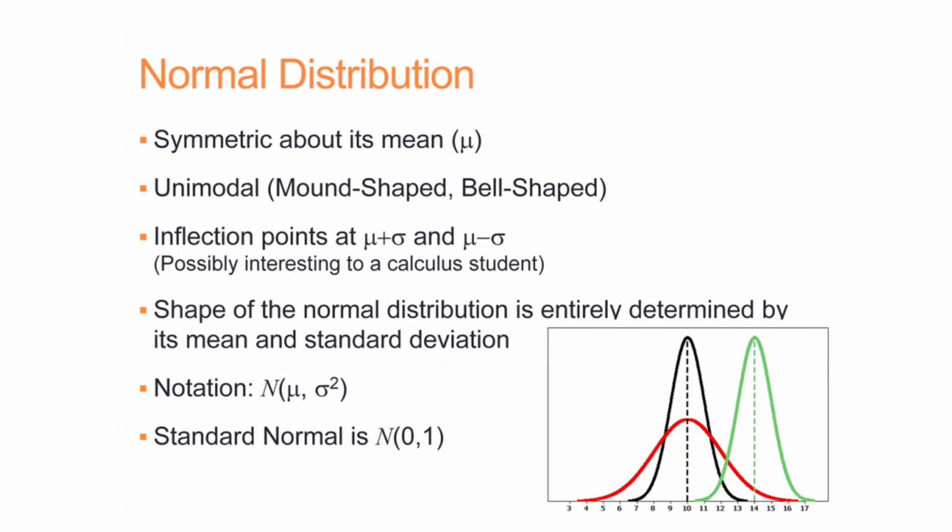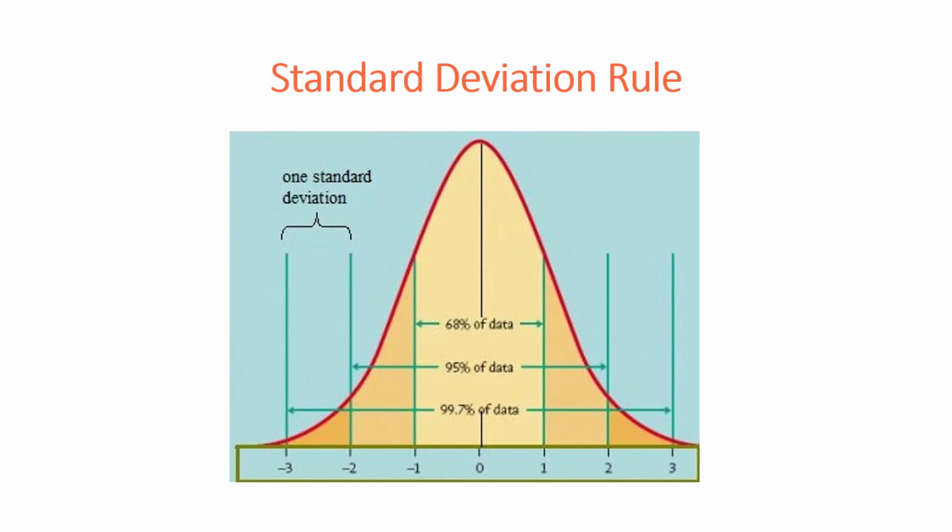An important special case is the standard normal distribution, which has a mean of 0 and a standard deviation of 1. For a normally distributed or approximately normally distributed variable, we can use the standard deviation rule to break up the distribution and determine some percentages within certain ranges.